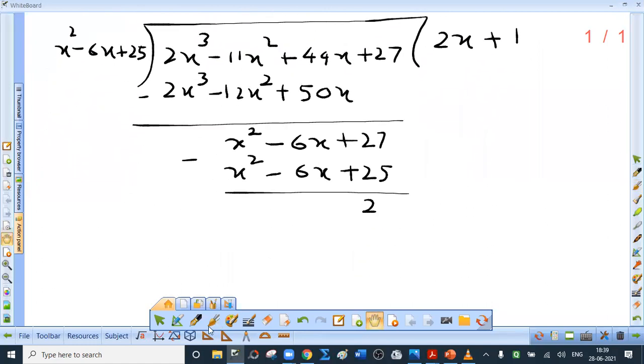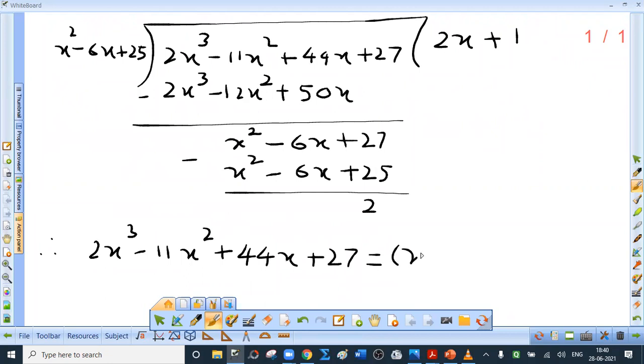And then you have to say, therefore, actually by division algorithm we have, but here I will write directly. Therefore, 2x cube minus 11x square plus 44x plus 27 is that divisor x square minus 6x plus 25 into quotient 2x plus 1, okay, plus remainder.